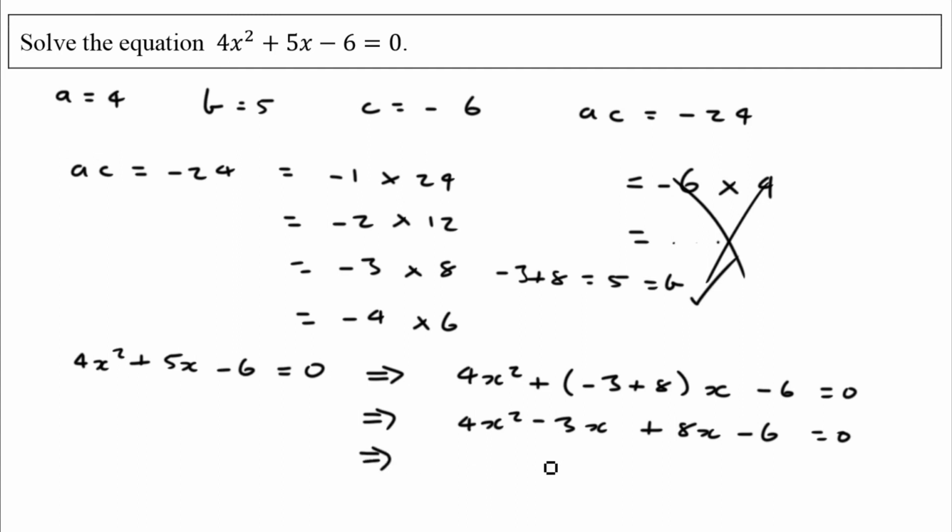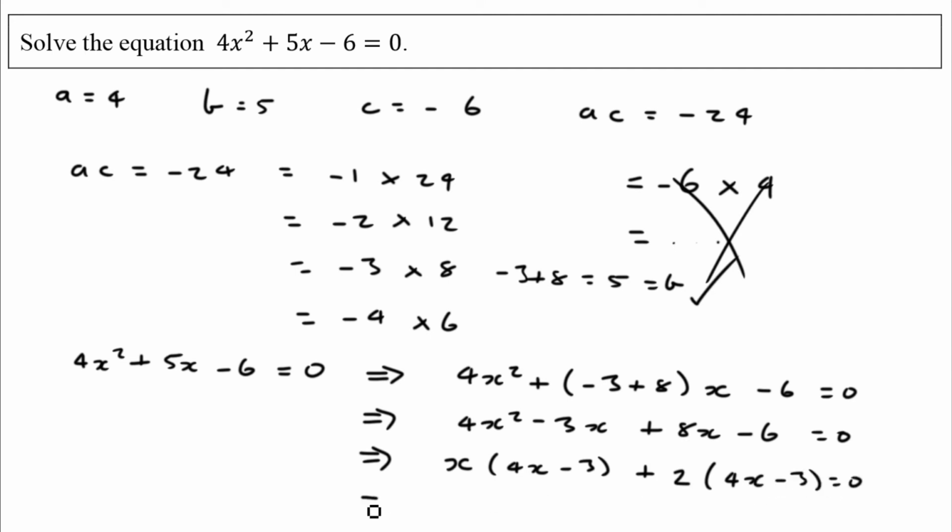We factorize the first two terms. The only thing they have in common is an x. That will leave us with 4x subtract 3. Now we have to factorize the next two terms. The coefficients in both of these pieces are even numbers. The best thing we can do is to factorize out a 2, leaving us with 4x subtract 3.